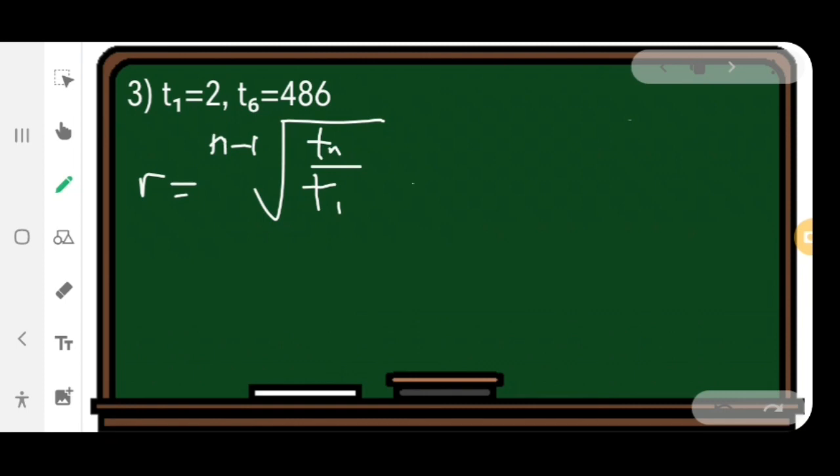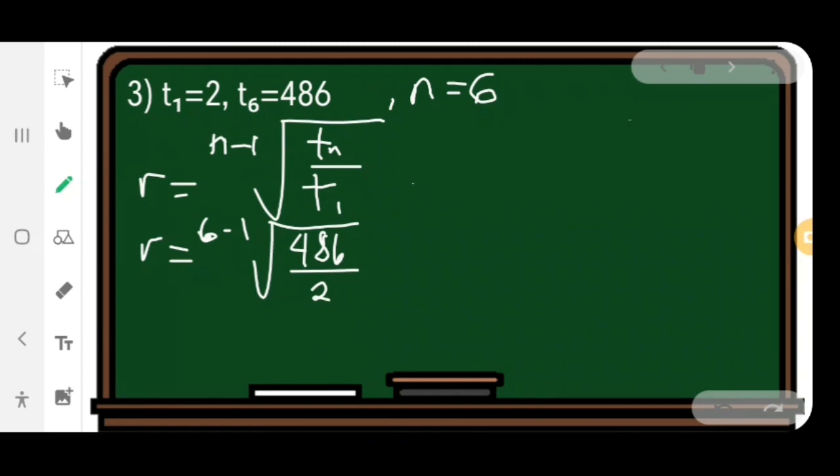Since our last term or the upper extreme is t sub 6, that means our n is equal to 6. Now substitute the given values. So we have r is equal to the 6 minus 1 root of 486 divided by 2.